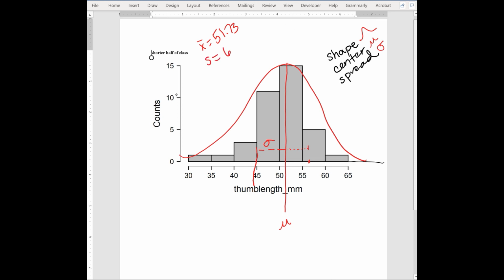We said it was about 6.1. They're spread out by about 6 and a little millimeters around this mean. So that means about 2/3 of our group is going to be in that section. And we'll talk more about why that's important later on in the course.